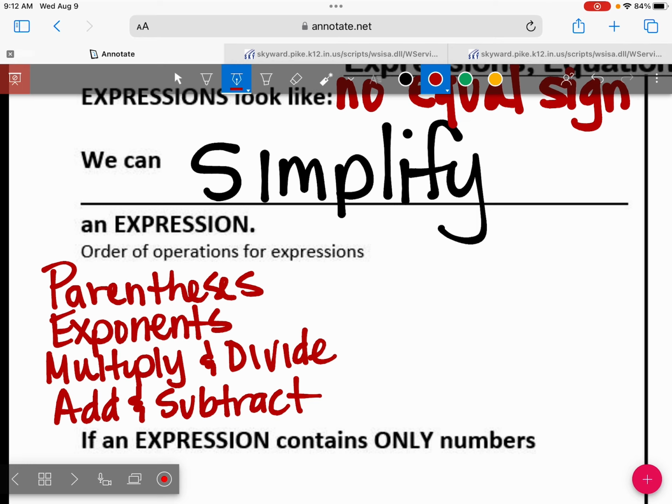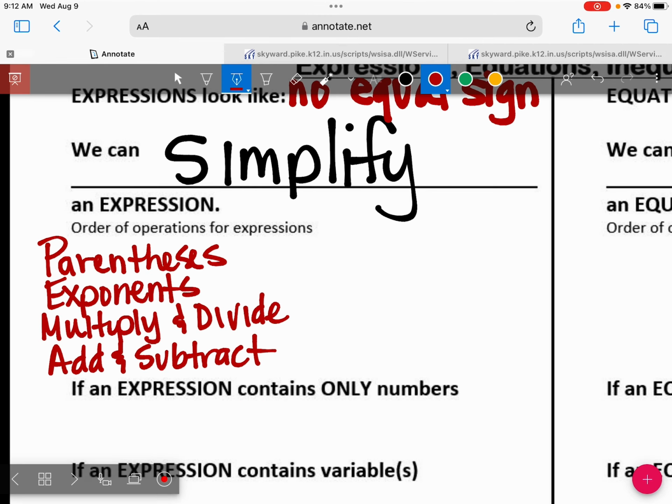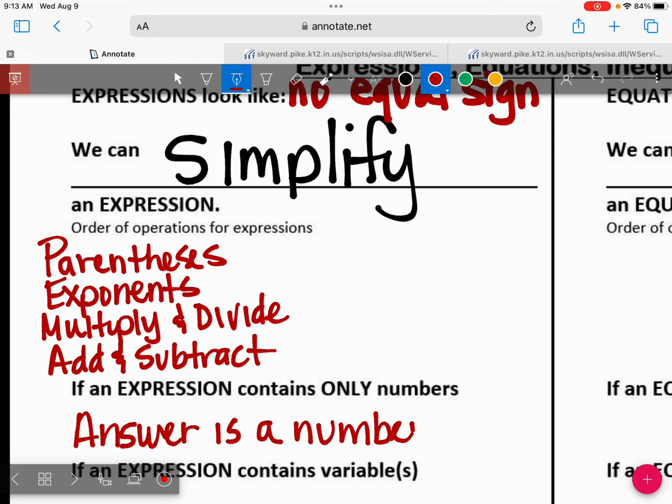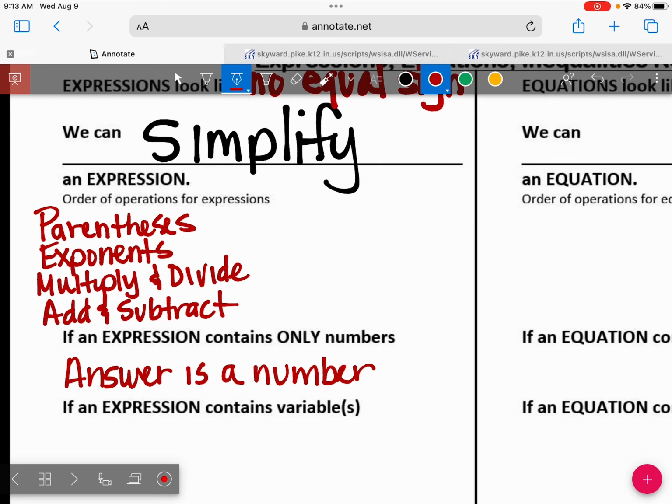So that's our order of operations for simplifying an expression. So if it contains only numbers, then our answer will only have a number. So our answer is a number. But if it contains variables, then we don't have a single number answer. It's going to have a mix of variables and numbers.